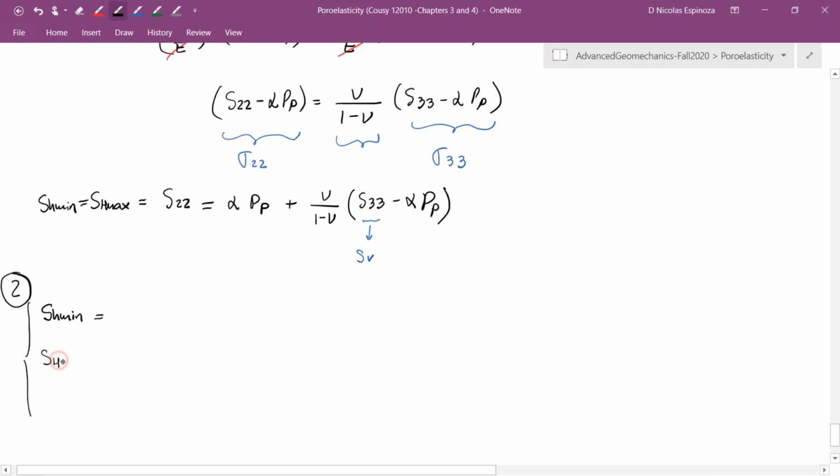SH min, SH max, SV. And SH min is going to be alpha times the pore pressure plus the contribution of the effective vertical stress.